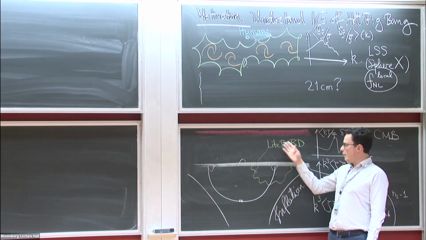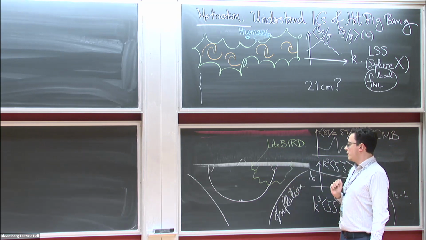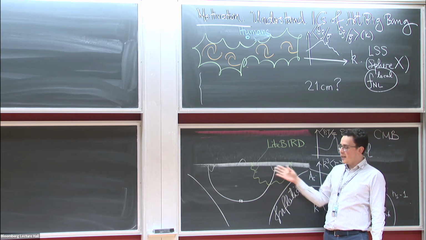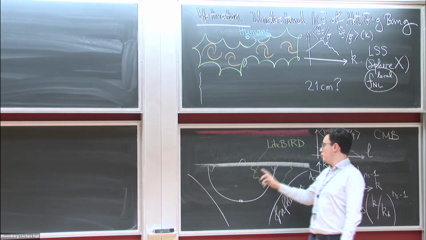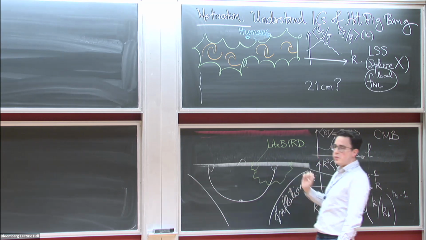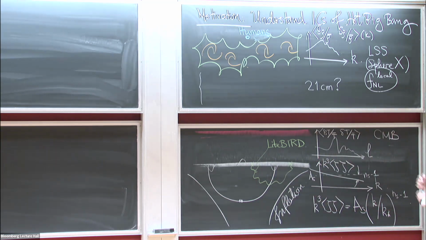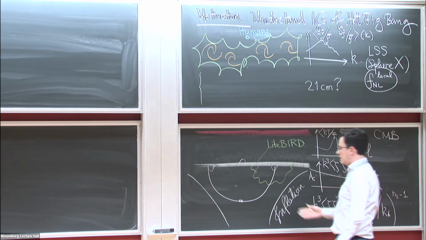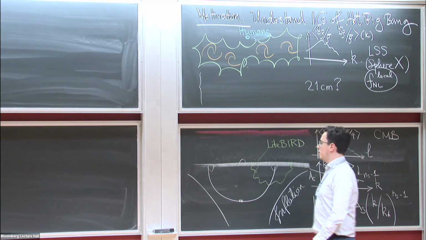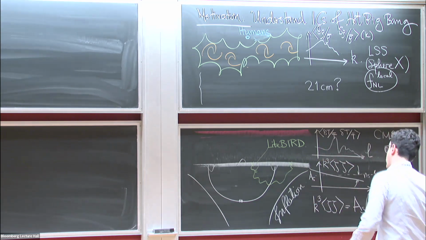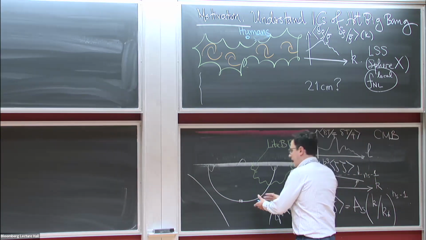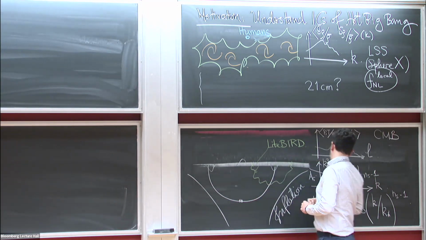And of course, if you see something, it's a fairly robust prediction of inflation that you measure the Hubble rate during inflation in Planck units, which if we do see something, implies that this energy scale is very high. So it invites you to dream of the possibility of doing particle physics at extremely high energies, where the universe gives you this very high energy experiment that is run just once, but at very high energy density.